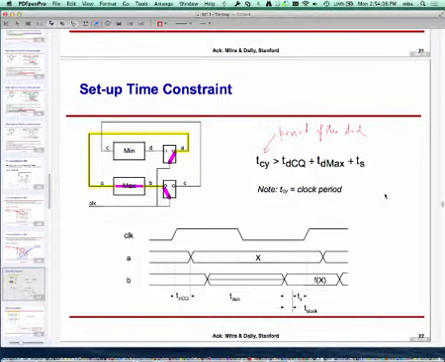What is the slack? Oh, the slack. Okay. Slack is the difference between the right-hand side and the left-hand side. So it is the clock period minus the sum of all of these. It's basically saying how much margin do I have. And ideally, you would like to have some margin.